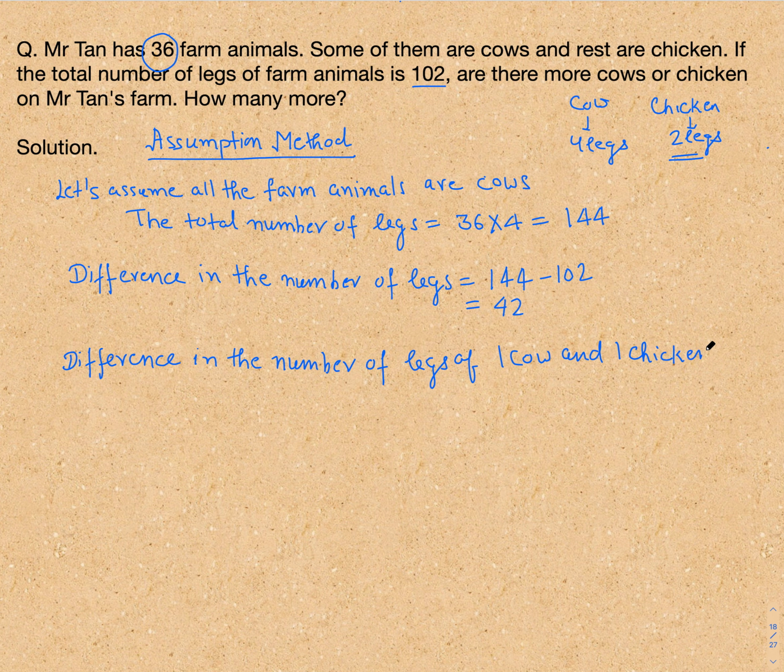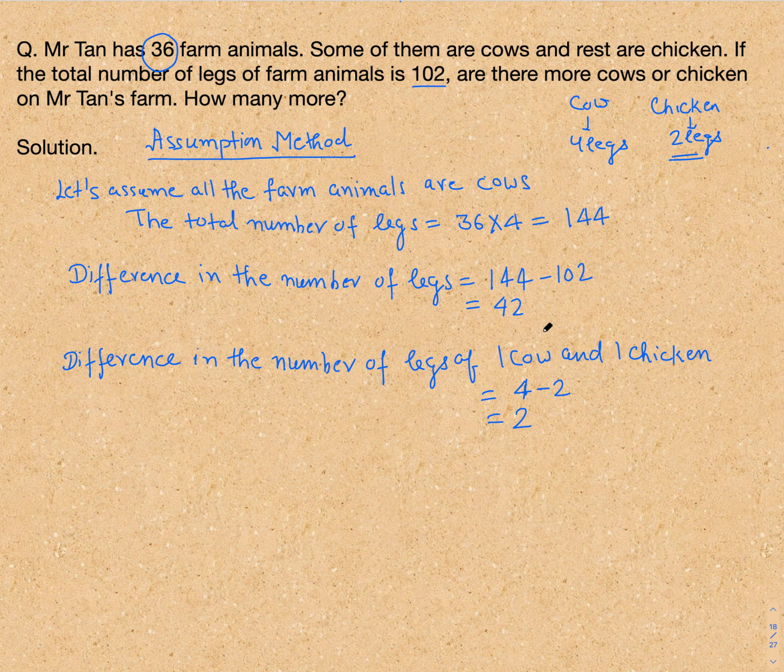Since we have assumed all the farm animals are cows, we have assumed all the chickens are cows. So for each chicken replaced with one cow, how many more legs have we counted? The cow has 4 legs and the chicken has 2 legs, so for each chicken which we have assumed as a cow, we have counted 2 more legs.